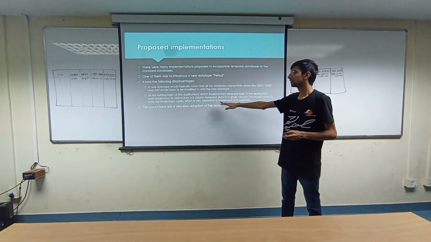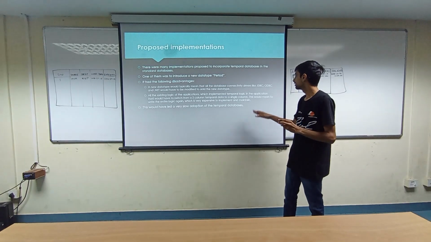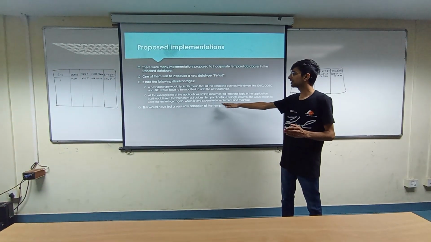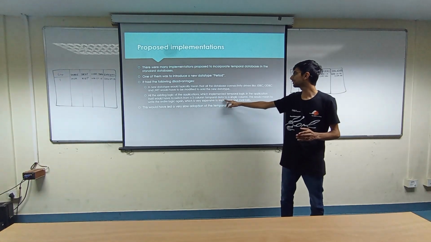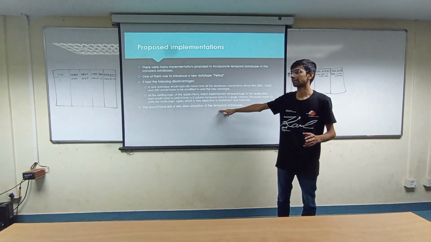And the existing applications which have implemented temporal data would need to modify them in order to change their temporal logic from a 2-column temporal data to a single column. So it would be very slow to adapt that.